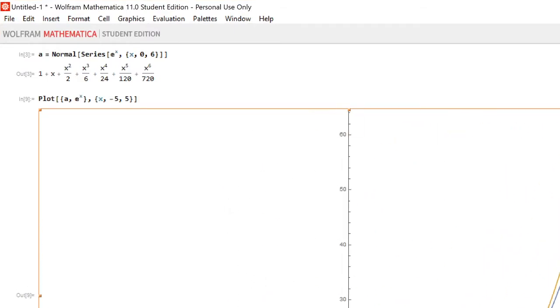Do you guys see the Mathematica page? You can't see the graph? Okay.